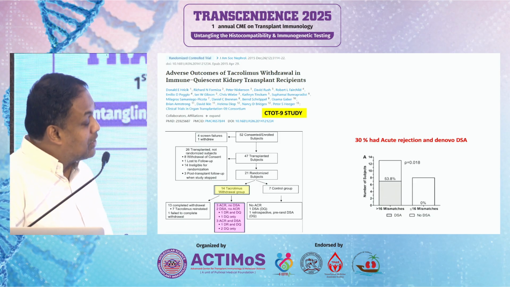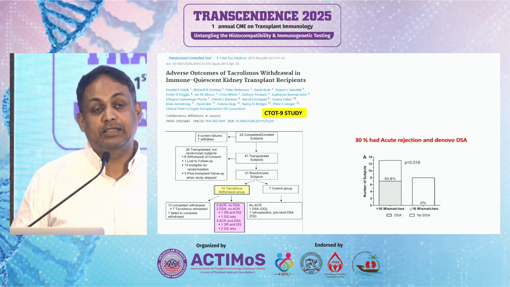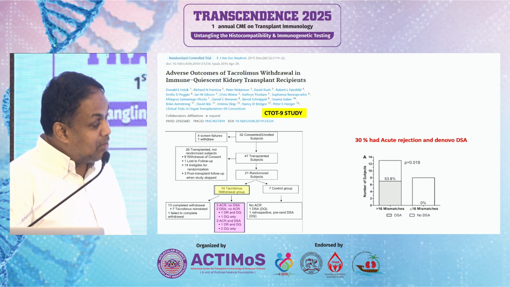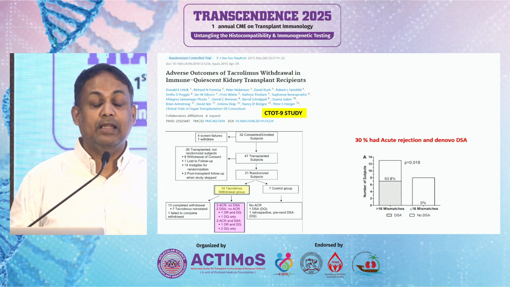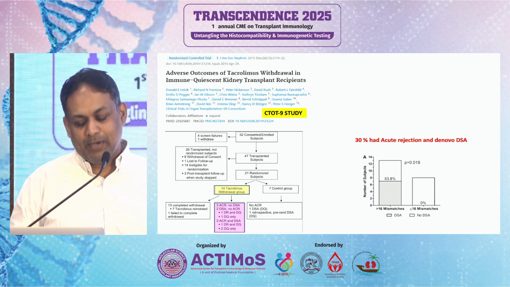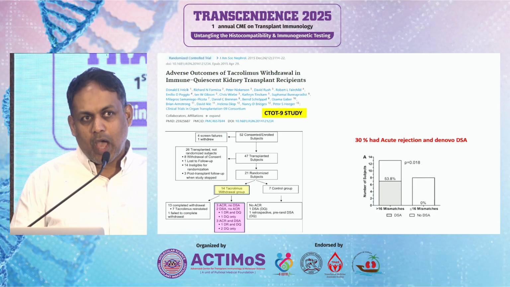They took tacrolimus off and they found that almost 30% had refractory rejection and graft loss. And when they looked at it, what they found was the increased eplet mismatches. Those patients who had increased eplet mismatches had this problem. So having an increased eplet mismatch means it is a subgroup where you have to be careful.